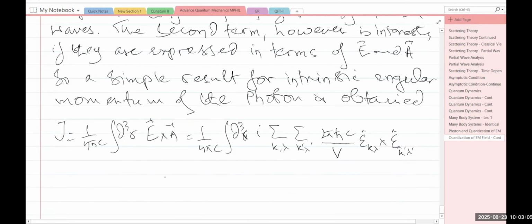And then we have those factors. So those factors are a_k,lambda e to the power iota (k dot r minus k ct) minus a_k,lambda dagger e to the power minus iota (k prime dot r minus k prime ct).